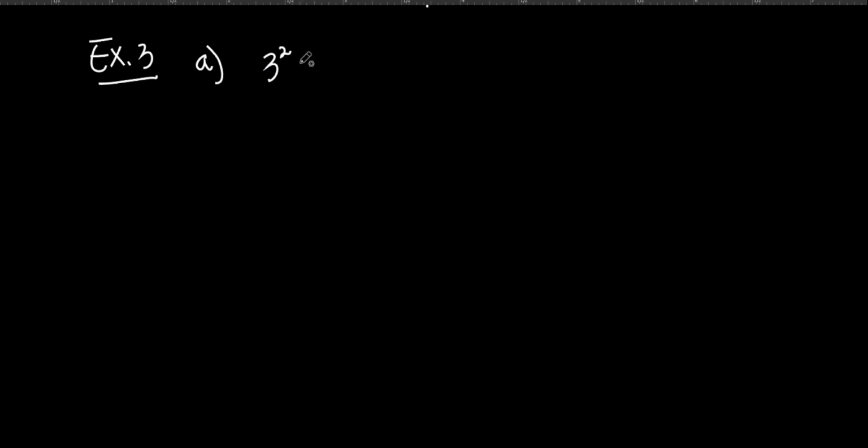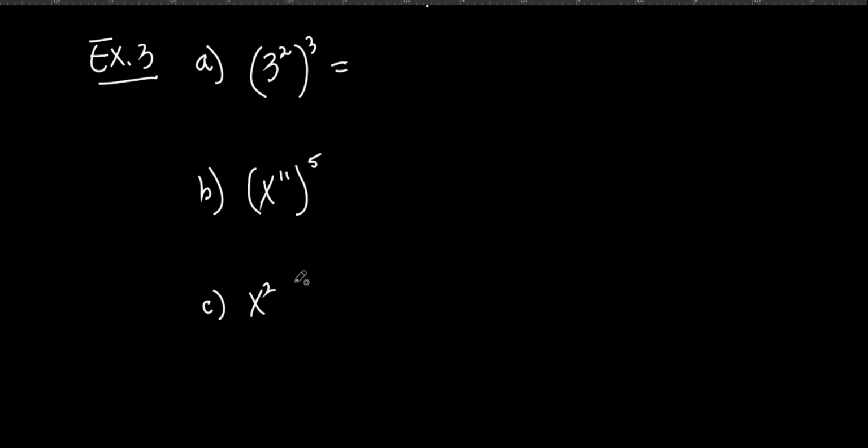So it's 3 squared, cubed equals, so that's A. Part B is x to the 11th, in parentheses, to the 5th. It says simplify each expression. That's what the instructions say. Let's everybody do this. Let's everybody work. Another one: x squared, x cubed, that's to the 6th.